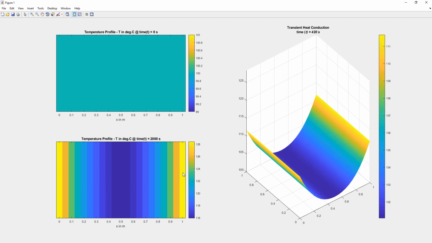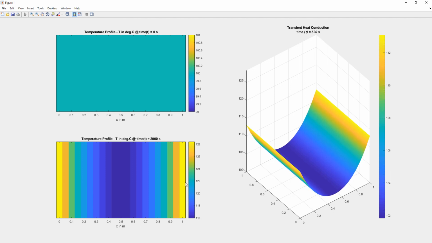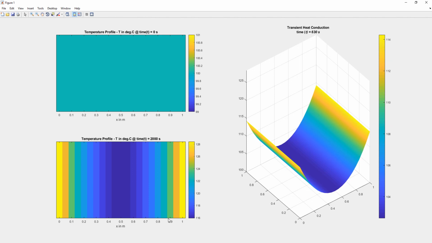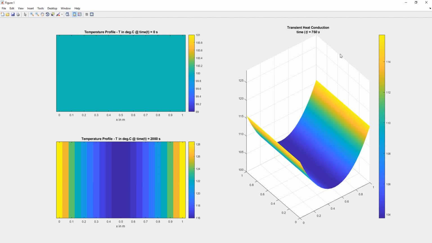The temperature varies from 116 degrees Celsius at the center to about 120 degrees Celsius at either ends. And you can see the animation of the temperature variation with time on the right hand side.